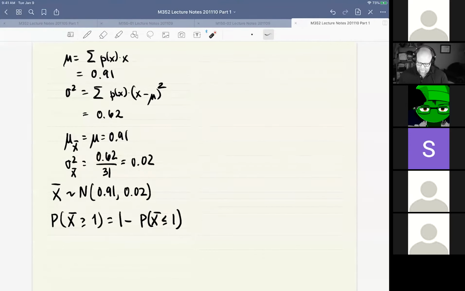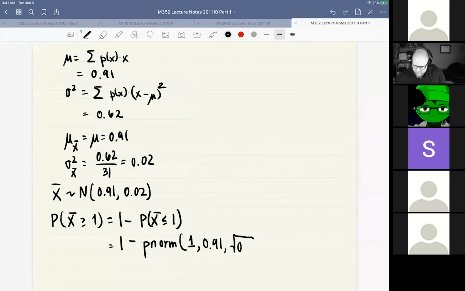So in R, we use the command pnorm, and we put in the number 1, then the mean mu, and then the standard deviation.